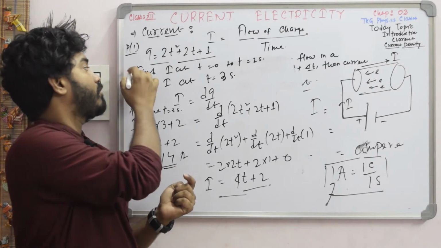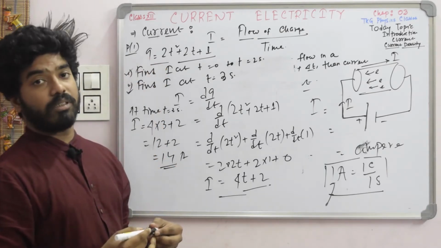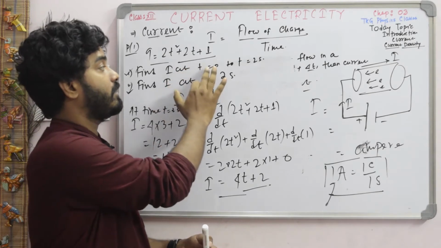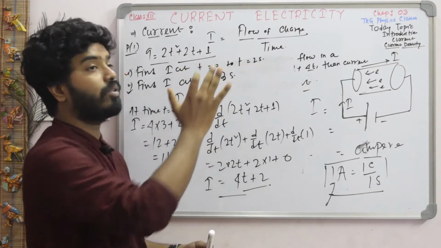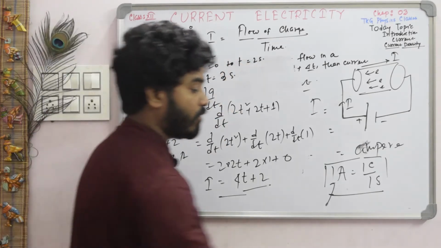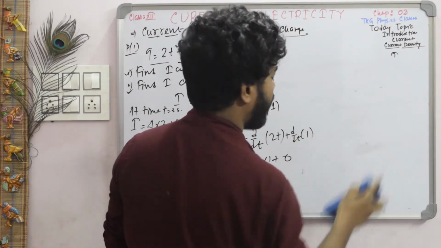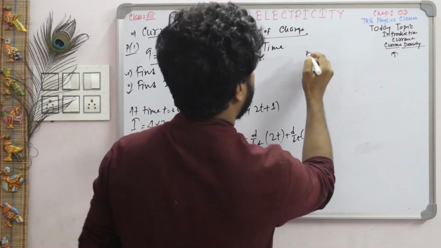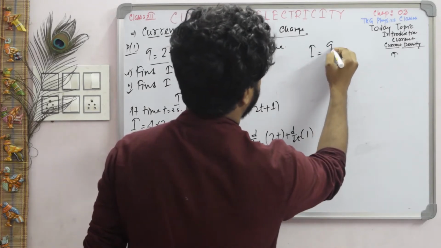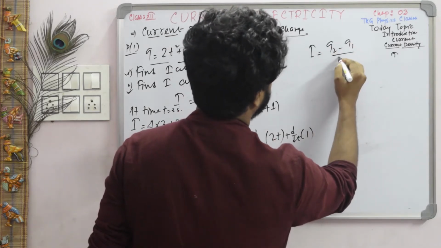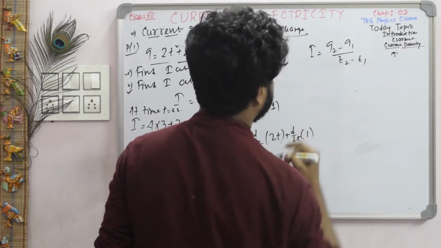Now, the question is what is the way out for solving the first one? We have to find the current from time t equal to 0 to t equal to 2 second. So, the formula for solving the first portion is I is equal to Q2 minus Q1 divided by T2 minus T1.